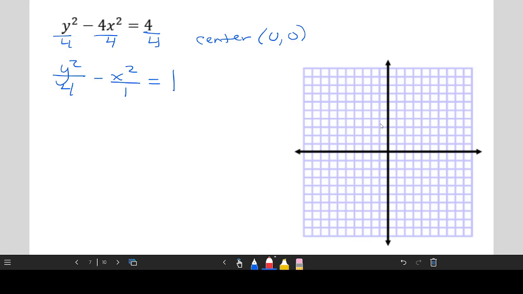So we can plot the center. We have a vertical transverse axis, so we're going to go up and down to plot our vertices. a squared is 4, and so a is 2. So we'll have a vertex right there at 0, 2, and one at 0, negative 2. b squared is 1, which means b is 1.